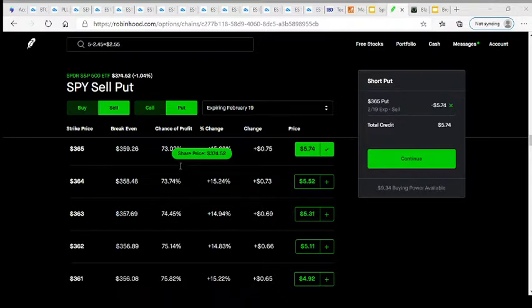So his question was, where did the 3 and the 5 come from? The 5 was the width of the strikes, so it was a 370, 375, 380. Those are $5 wide, and then you're paying $3 for it, and then your max profit is $2.